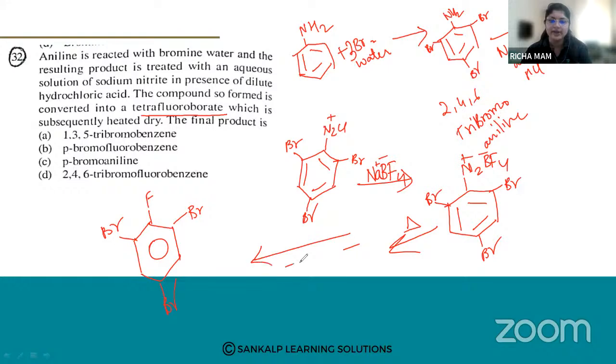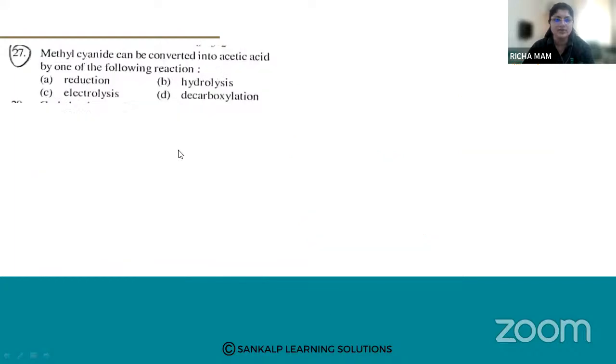There will be elimination of N2 and elimination of BF3. Okay, so you get a 2,4,6-tribromofluorobenzene. Option number D. Yes, option number D. So these are the set of reactions you have to follow. Okay, let us go for the next one.